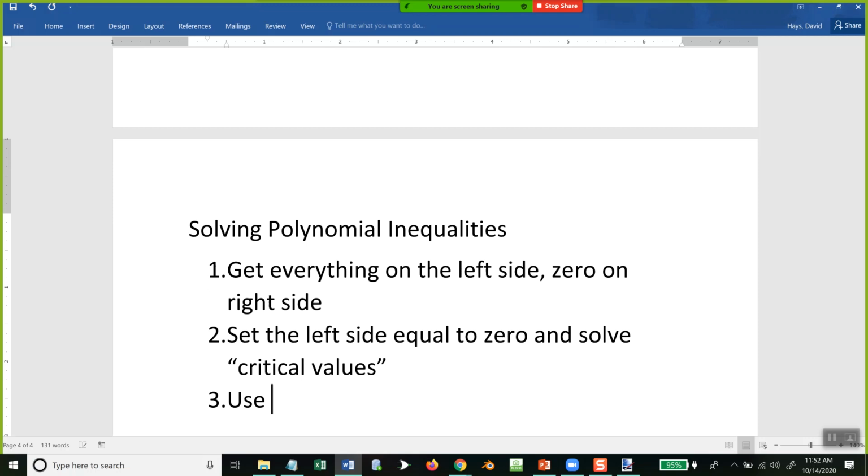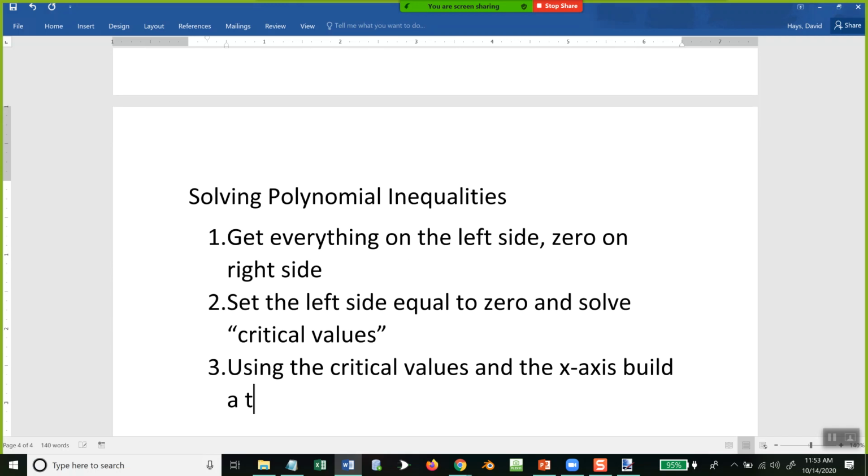Step 3, using the critical values and the x-axis, build a table of intervals, then, using the graph, figure out your answer.